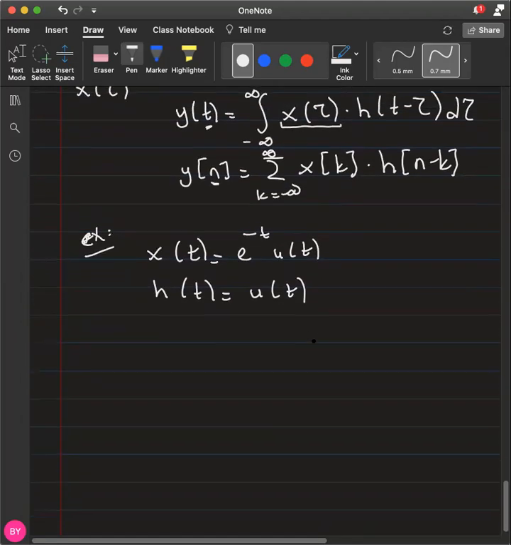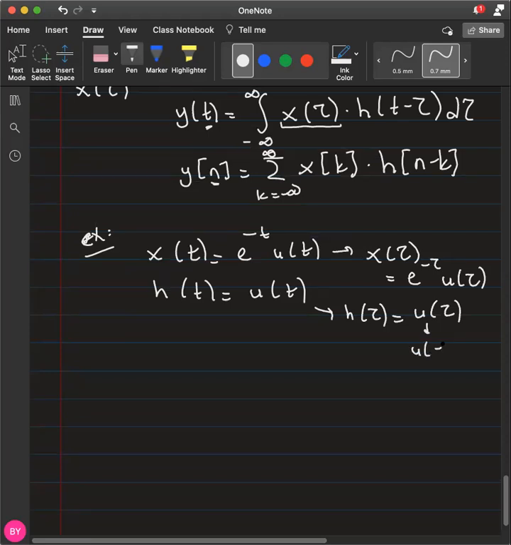I'm going to apply this formulation right now. What should I do first? I will convert this into x of tau equal to e to the power minus tau u of tau. I will convert this into h of tau equal to u of tau. Then convert this into u of minus tau. Then convert this into u of t minus tau.